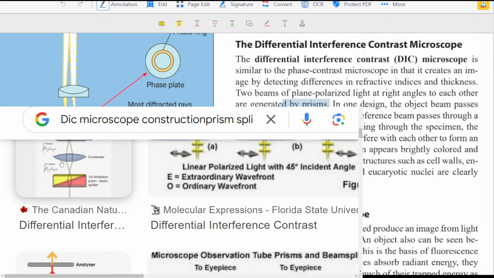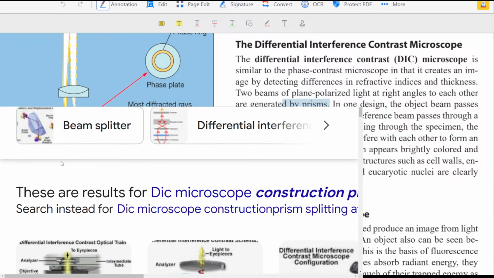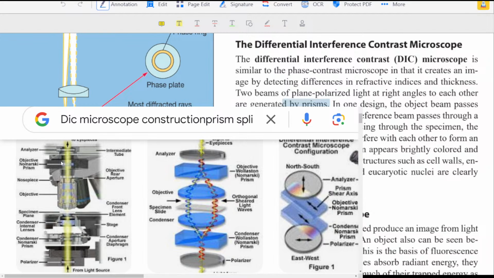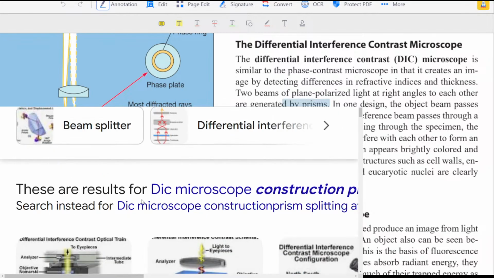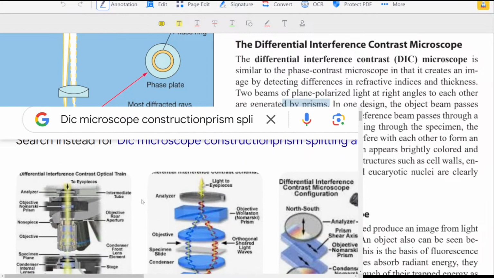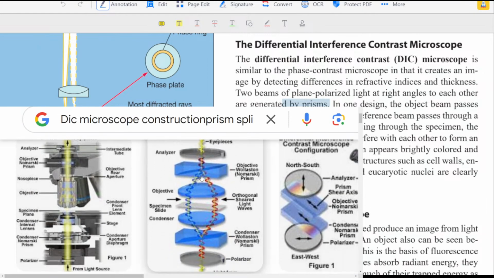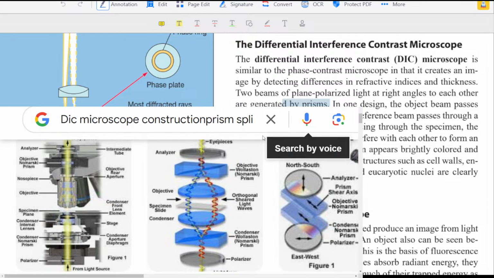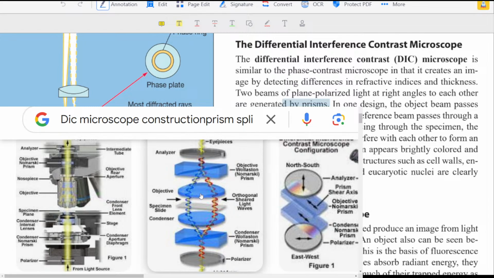And then when it splits, it passes through different areas, one through the specimen and one that doesn't go through the specimen, right? And then it combines in the lens, and then it creates an image, right? Oh, so there is another prism as well. So one prism is for splitting and one prism is for collecting.